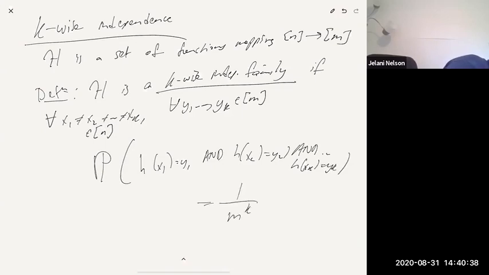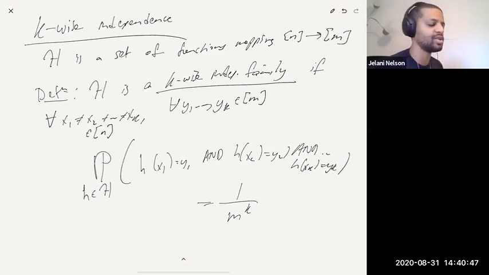And the probability is over choosing little h uniformly at random from script H. So this is called k-wise independent. It's saying that as long as you look at only k inputs at a time, their behavior is as if h were a truly uniformly random function.